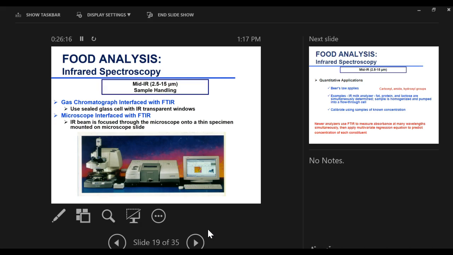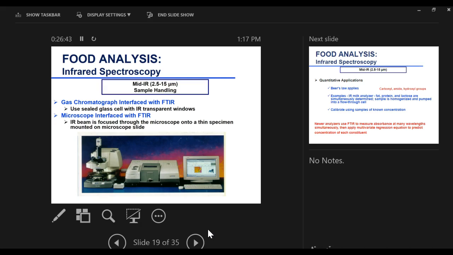You can have your specimen on a slide, a thin specimen on the slide, and you project the light through the microscope, and then you get a scan, and you scan the surface of a very thin specimen that you have on your slide. This can be applied to look at, let's say, crystallization on the surface of a sample.